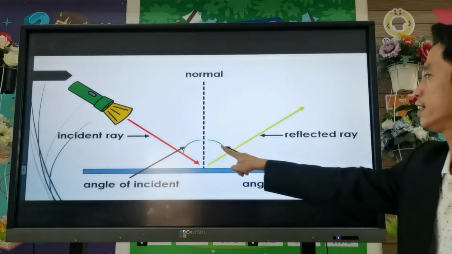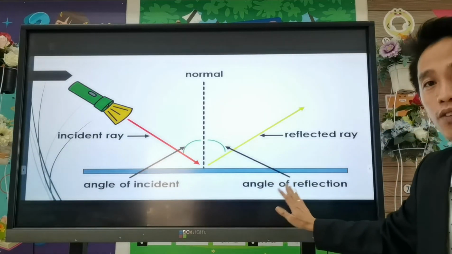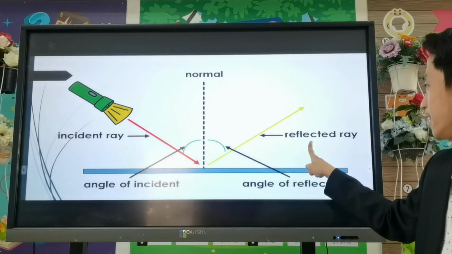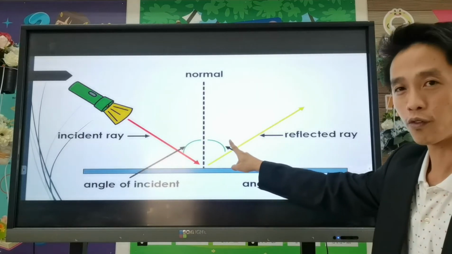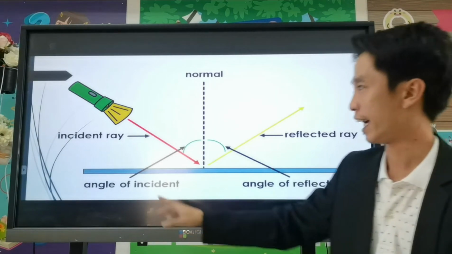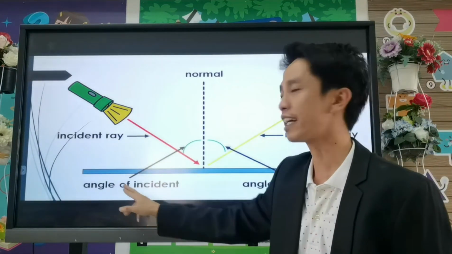This angle is angle of reflection, from the word reflected ray. The angle from the reflected ray is called angle of reflection. The angle from the incident ray is called angle of incident.